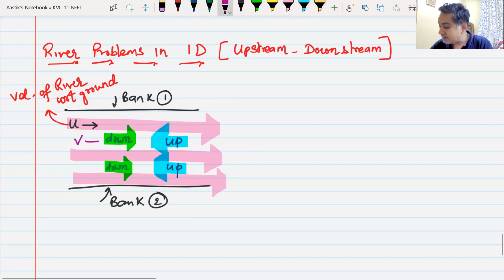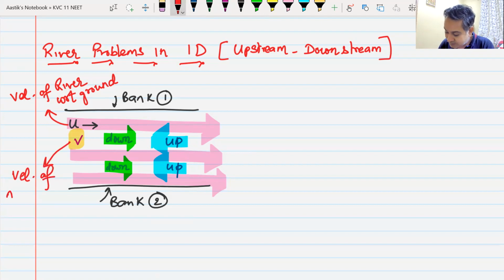V is given to you. And when I say V, what do I mean by this V? With this V, I mean the velocity of man with respect to the river or water. So there are two things given to me.